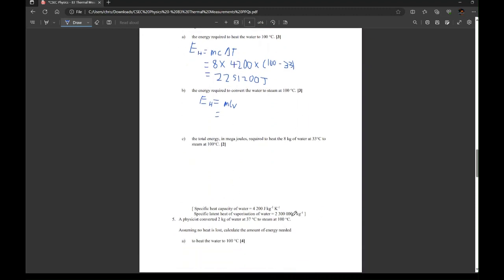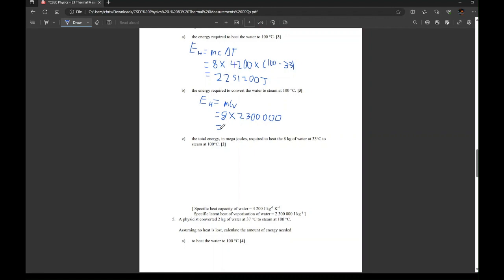And we're gonna have to be using this really large number over here. That's basically 2.3 million. So that's a lot. It's a lot of energy.